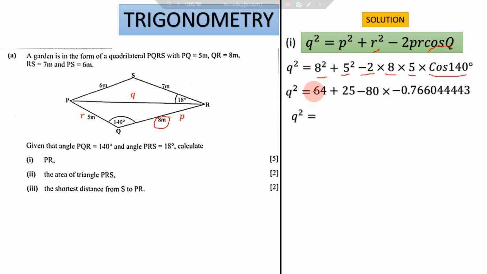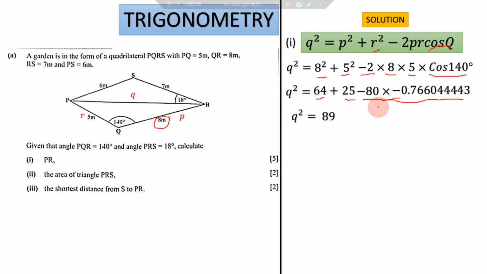Then Q squared equals, I'm going to add 64 and 25. People will end up making mistakes. Others will say 25 minus 80. That is a big mistake because you cannot subtract or add this to this before you multiply them. So 64 plus 25, we have 89. Then I'm going to multiply negative 80 times negative 0.766044443.